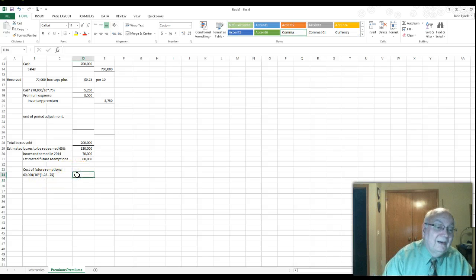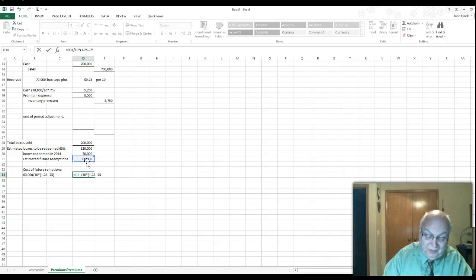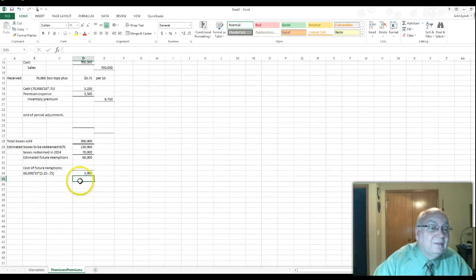That's what would go in here. We have the 60,000 that we expect to come in yet, divided by 10, times our net cost. The bear's cost is $1.25, but they're going to pay us 75 cents for it. So it's actually 50 cents, or $3,000.